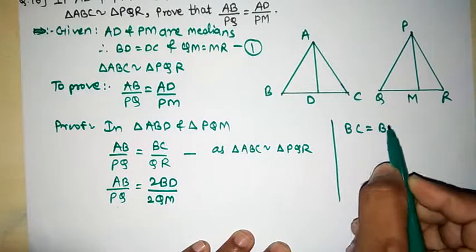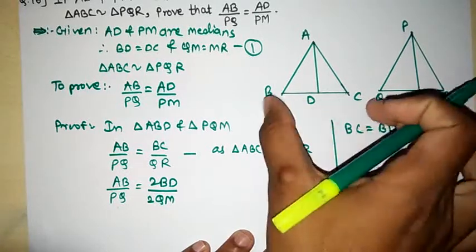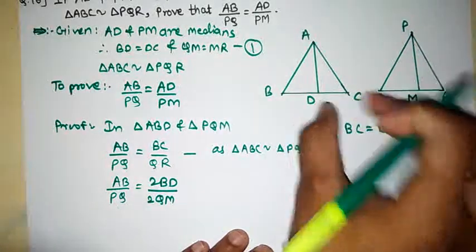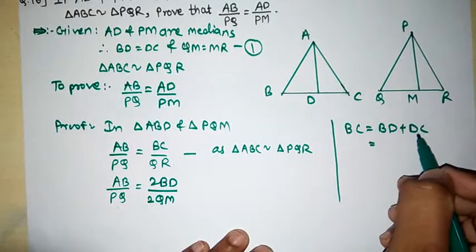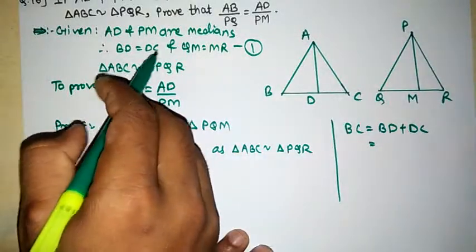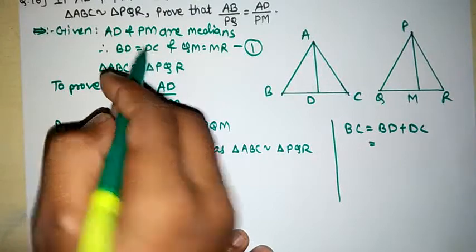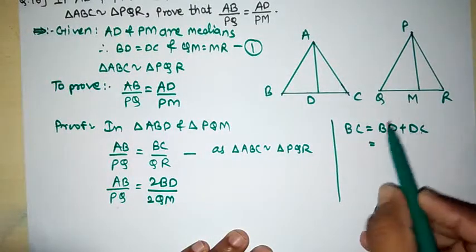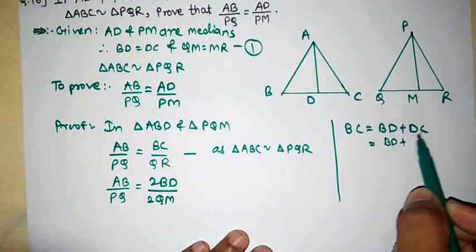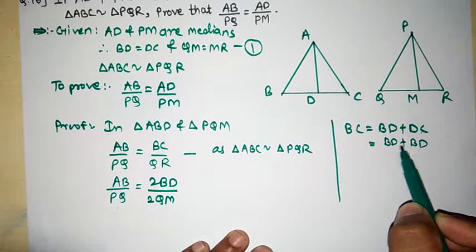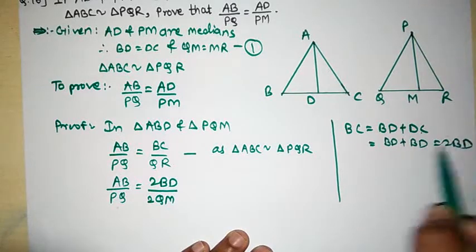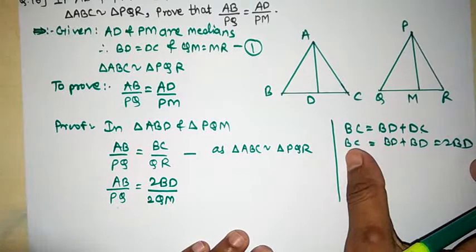BC is equal to, can I write BD plus DC? Now from the given data BD is equal to DC, so instead of DC can I write BD again? Therefore BD plus BD is equal to 2 times BD. Therefore BC is equal to 2 times BD.